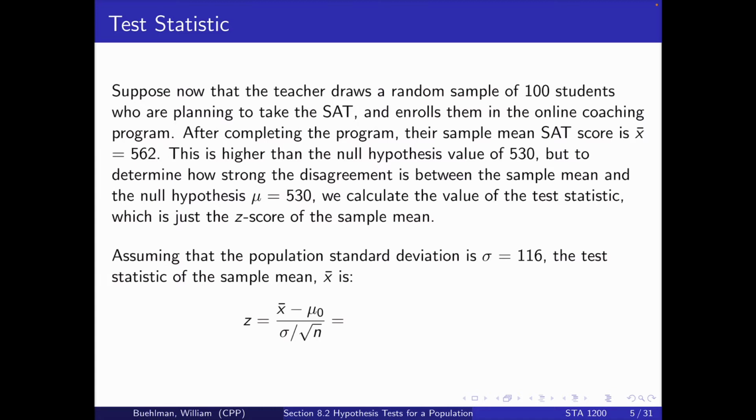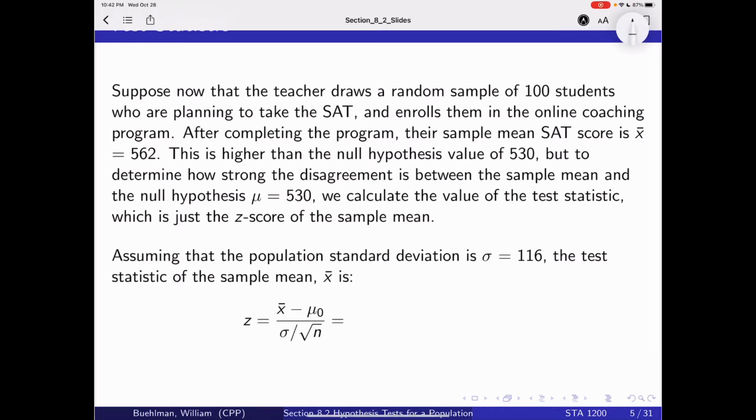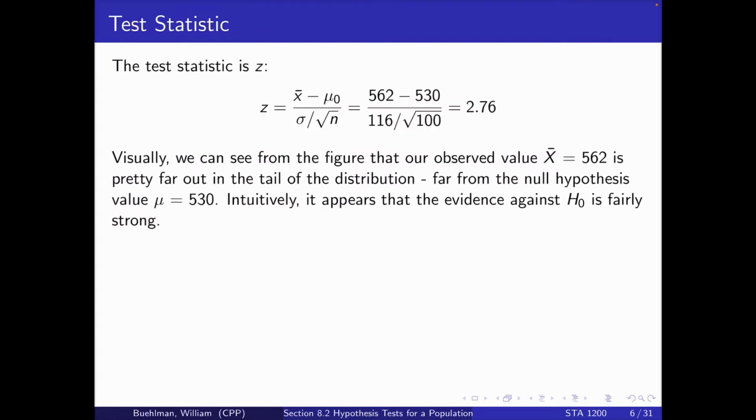Assuming that the population standard deviation is 116, the test statistic of the sample mean x bar is 562 minus 530 over 116 divided by the square root of 100, which is equal to 2.76. Again, the test statistic is 2.76.